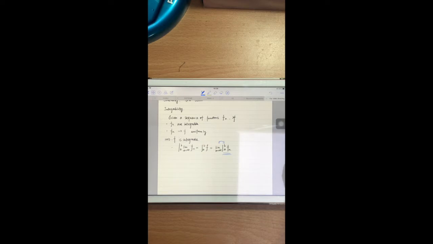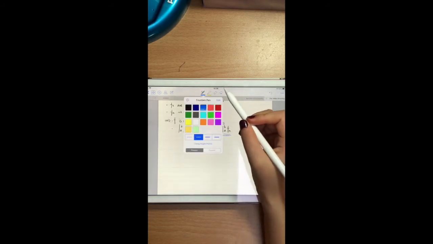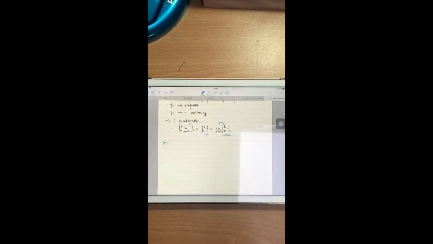You swap these two actions. You first take the limit of the sequence of functions, you get one function f, and then you take the integral of that function f, you get the answer. So we're going to prove the theorem. I'm not giving you the rigorous proof or how to rigorously write down the proof, but just some ideas.